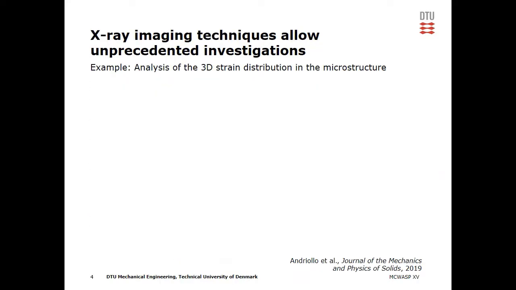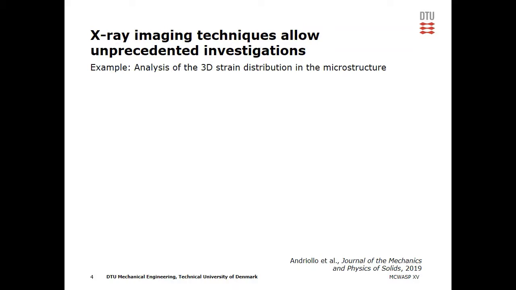Fortunately, the recent developments in X-ray imaging techniques have created new possibilities to investigate ductile iron at the level of the microstructure. And I want to emphasize that this material is particularly suited for X-ray-based techniques because of the high absorption contrast between the graphite particles and the surrounding matrix.